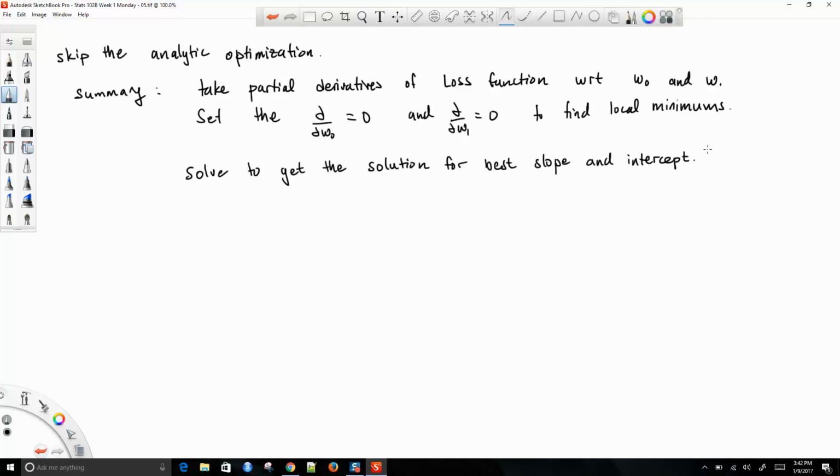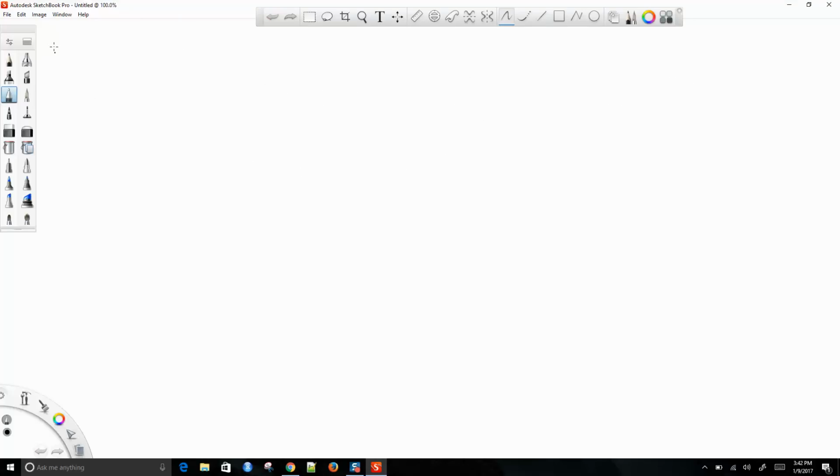Okay. So this is just with a slope and an intercept, but in multiple regression, we can expand this further, right? So we'll have basically more terms, not just slope and intercept.